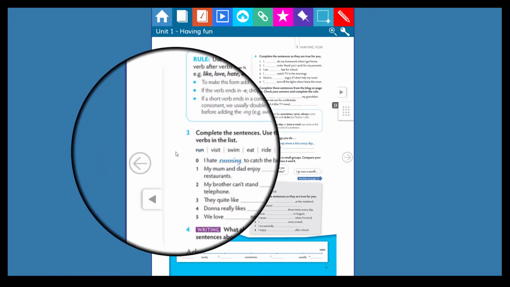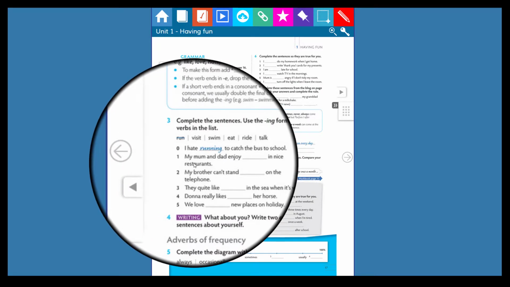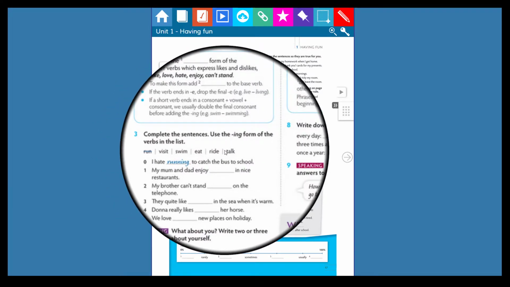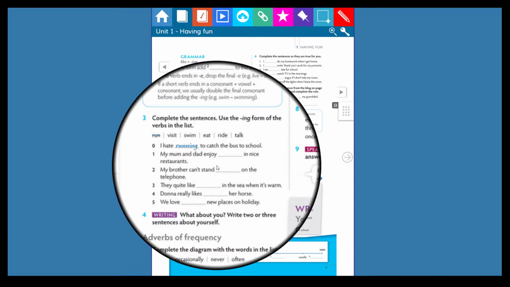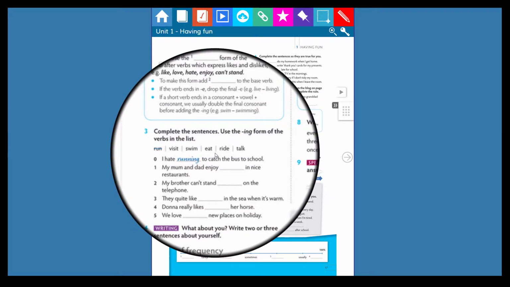Here we have different examples of different sentences, and the idea is that you read the sentence and write the correct verb next to the verb which express like or dislike. Remember that you have to use these verbs with the ing form, okay? So please stop the video now and complete the sentences.